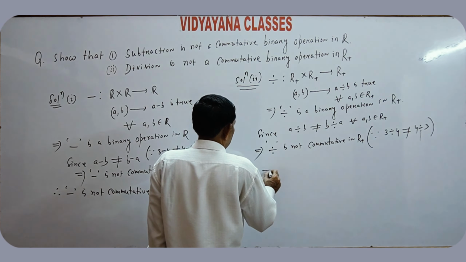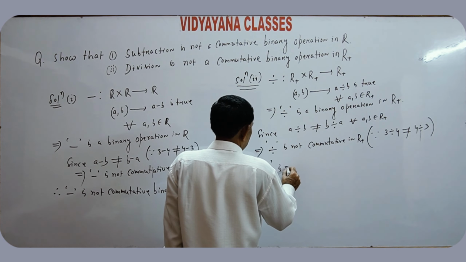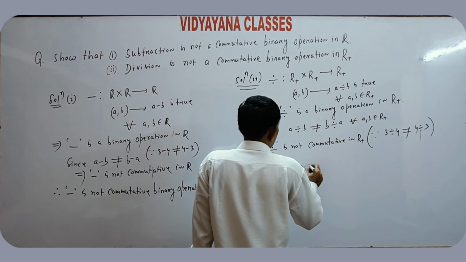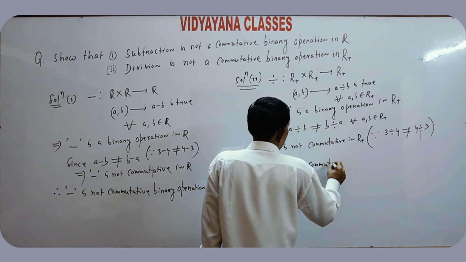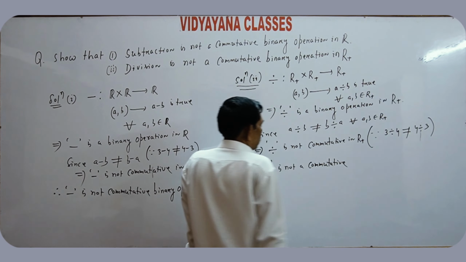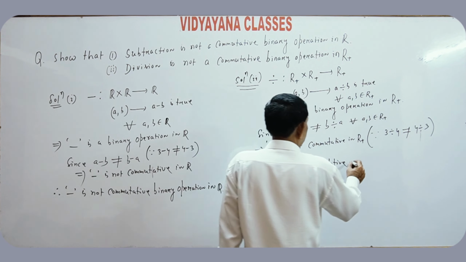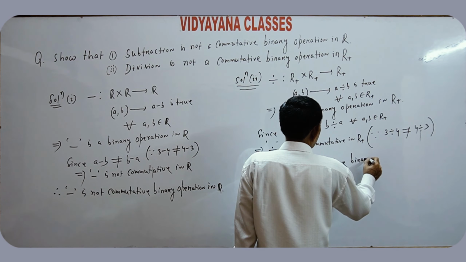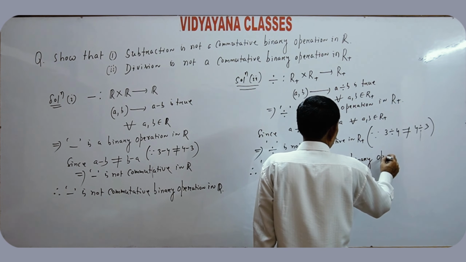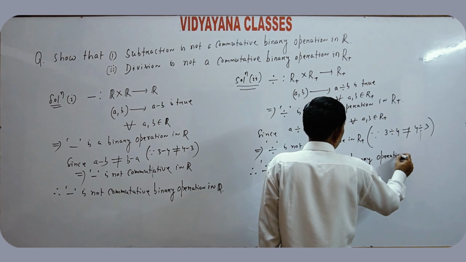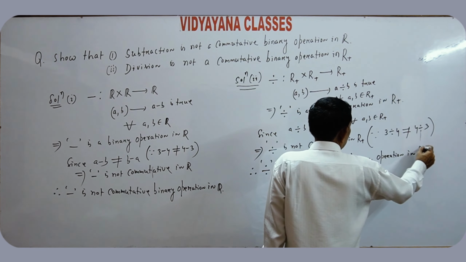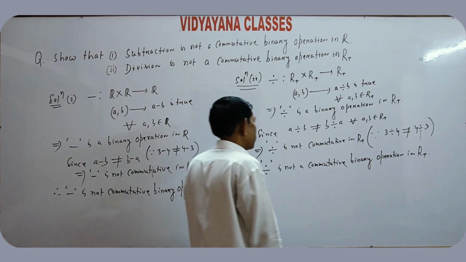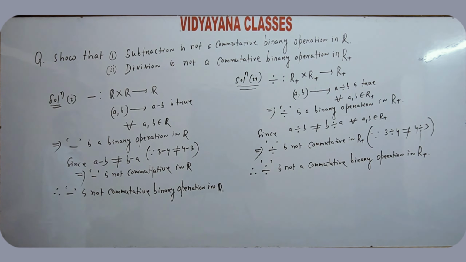Therefore, division is not a commutative binary operation in the set of positive real numbers. Clear? Okay, note down.